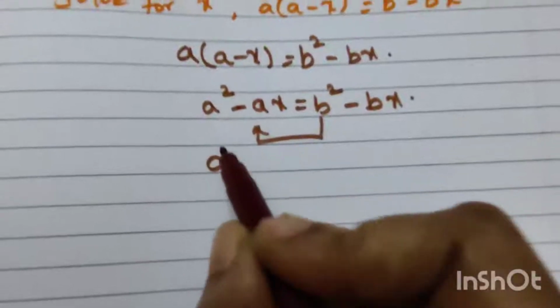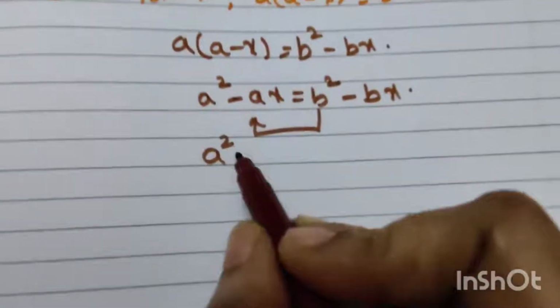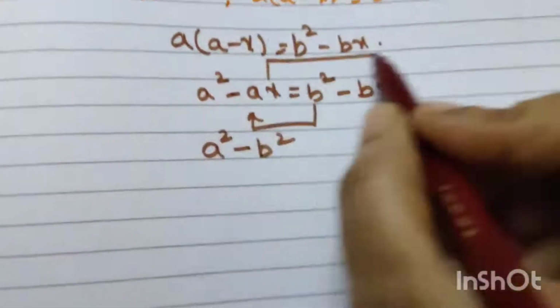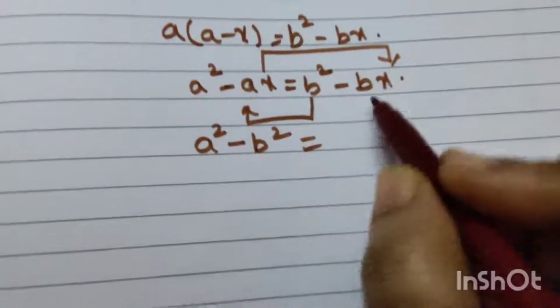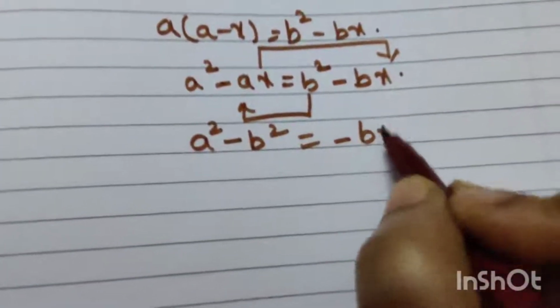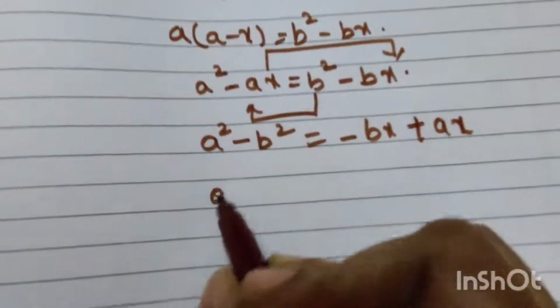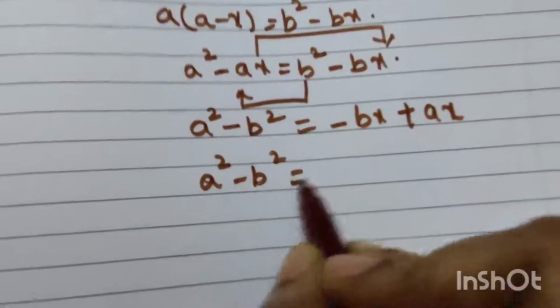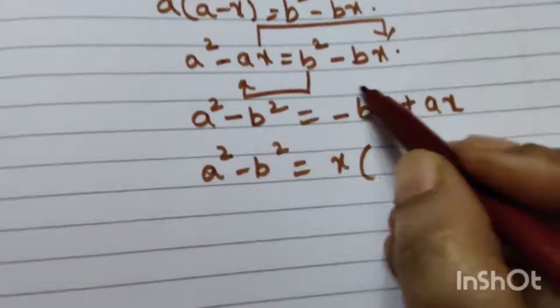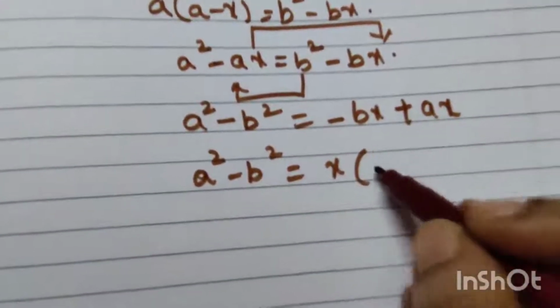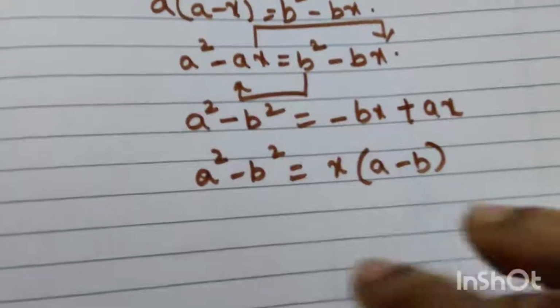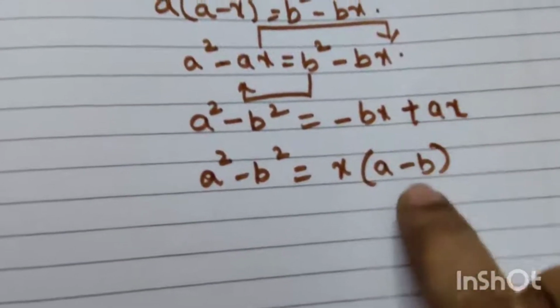I'm keeping a square here itself, so a square minus b square, and x terms are going here, so minus bx is as it is, and this is coming to that side, so that will become plus. So a square minus b square is equal to, taking x common, you can write a minus b, same thing you will get, ax minus bx.